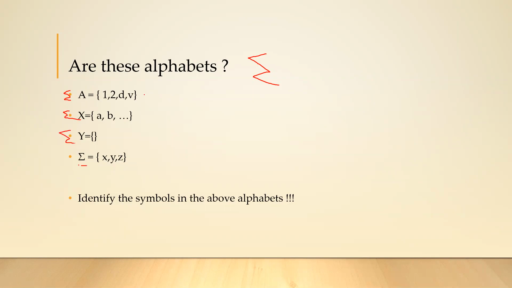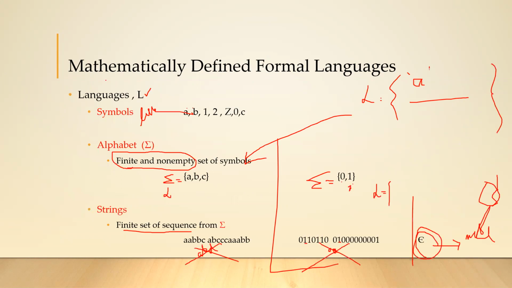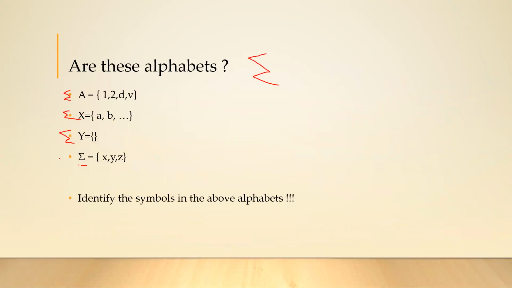To find out whether each is a valid alphabet, you should keep this definition in mind: an alphabet is nothing but a finite and non-empty set of symbols. So let's check each one.